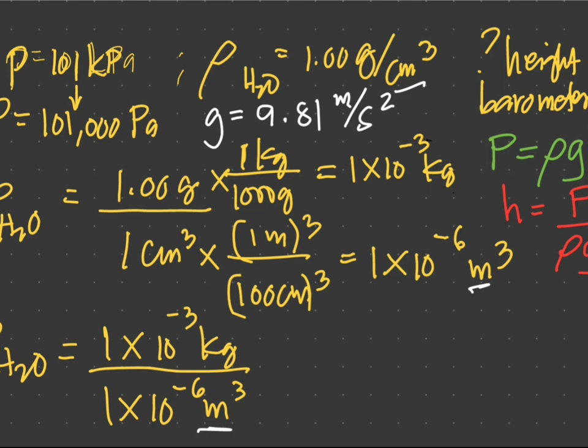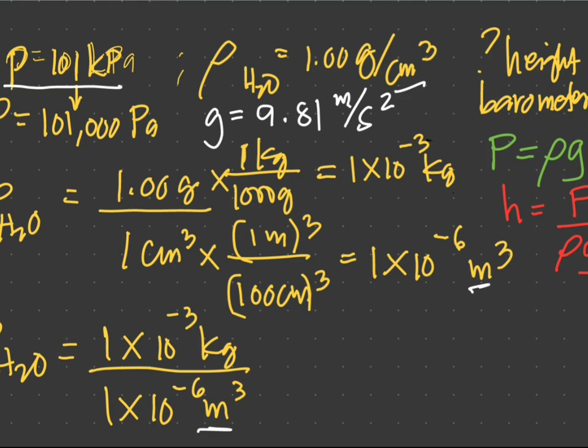So to solve this problem or any problem, you have to take note of the given values. So we're given here the pressure 101 kilopascal, and we need to convert that to Pascal. All right, your question is, do we have to convert kilopascal to Pascal all the time?